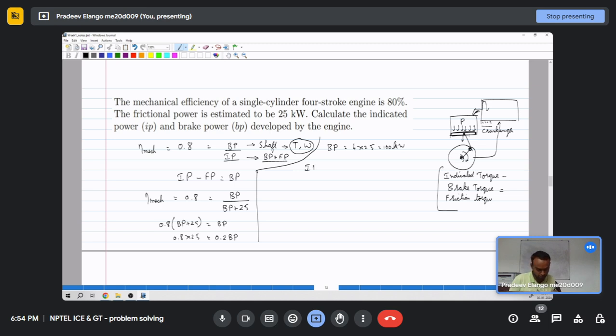Similarly, indicated power is brake power plus friction power, that is 100 plus 25, which is 125 kilowatt. This is clear.